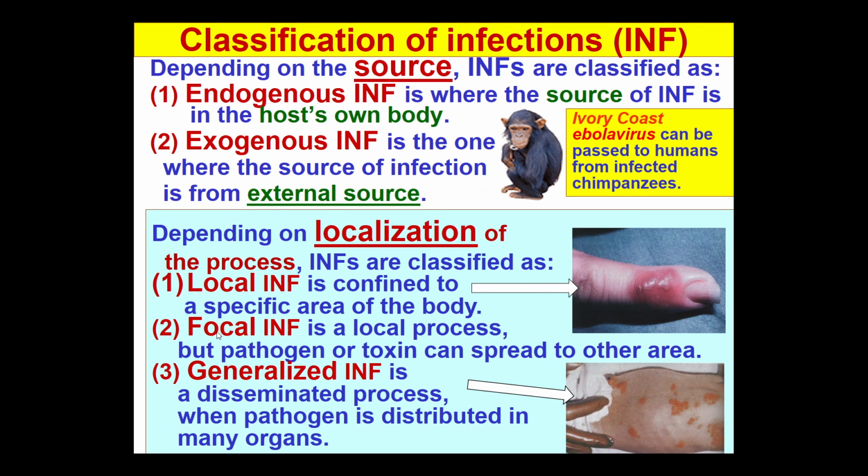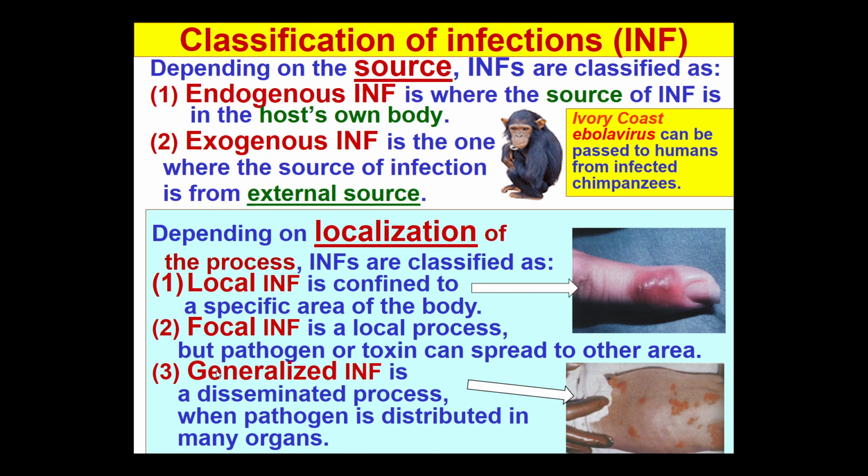The second option, focal infection, focus is a local process, but pathogen or toxin of pathogen can spread to other area. If this whitlow will spread to the other area of these fingers and other fingers, this process may be named the focal.